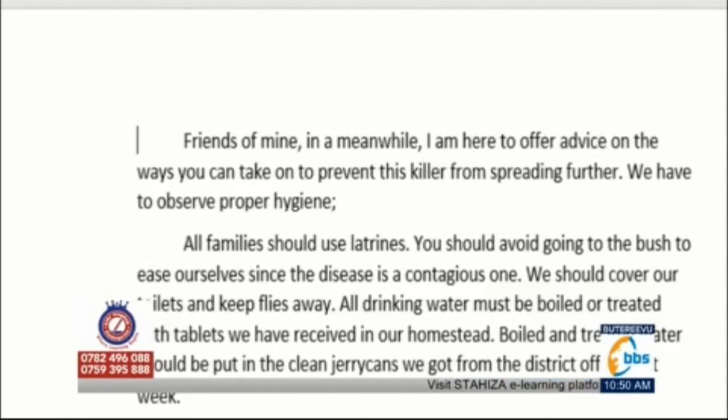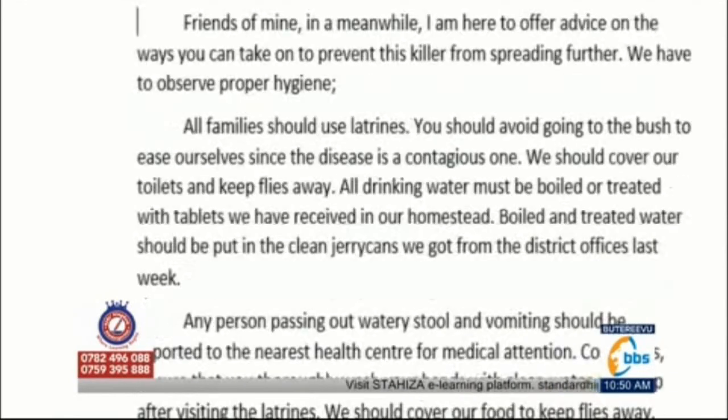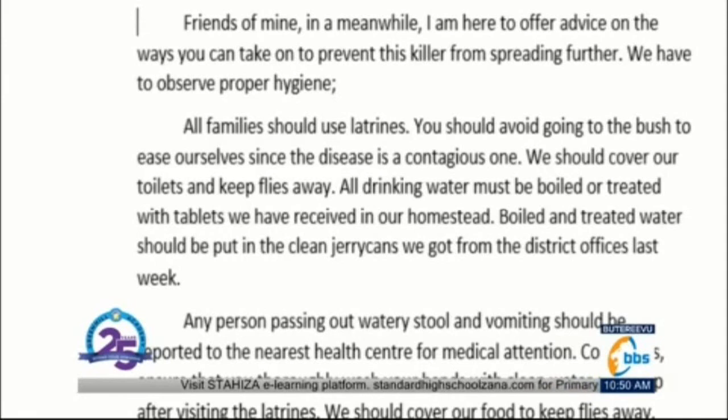And he's saying, "All families should use latrines. We should avoid going to the bush to ease ourselves, since the disease is a contagious one." So there he's giving us precautions. "We should cover our toilets and keep flies away.